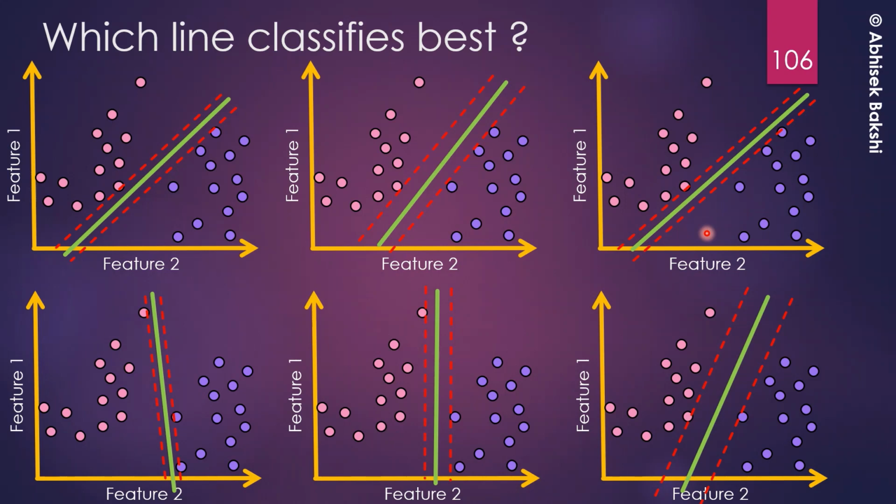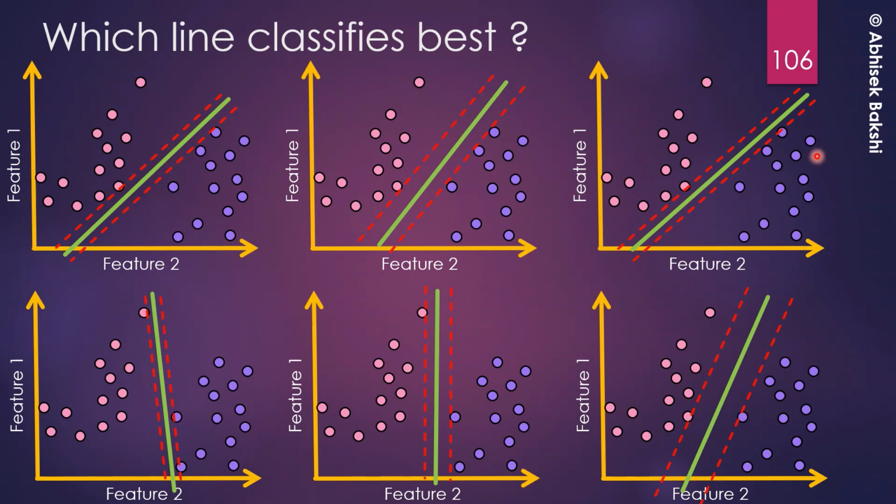Because the closer the distance, the lower the probability, and the higher the distance, the higher the probability of classifying that particular point on that side. And always our intention will be to find a particular line segment which can give higher probability, right?